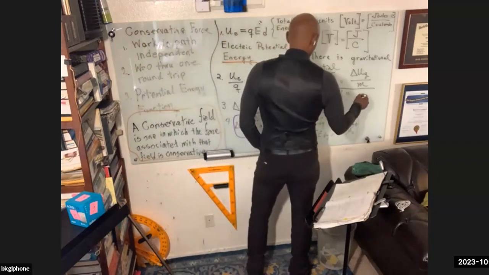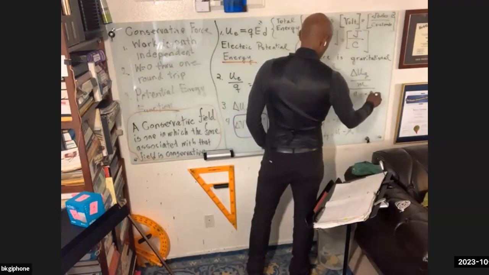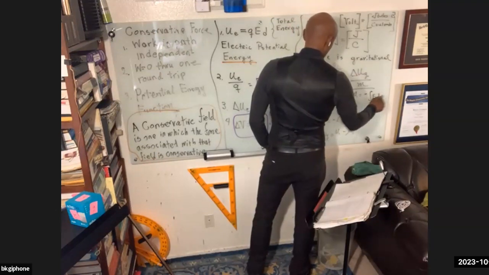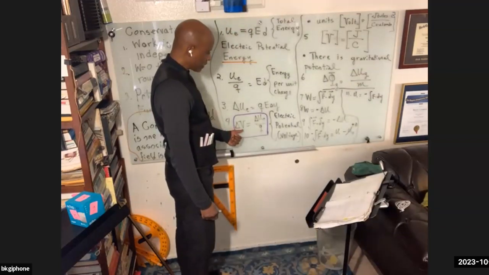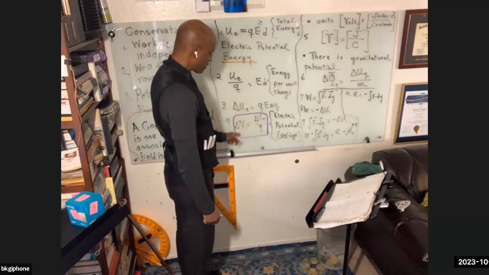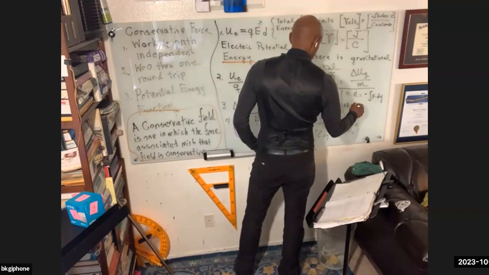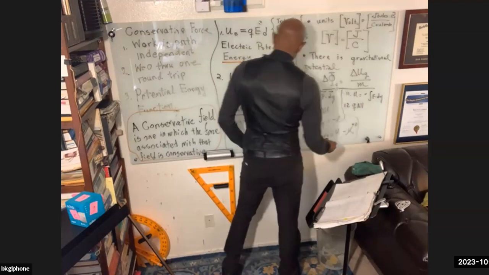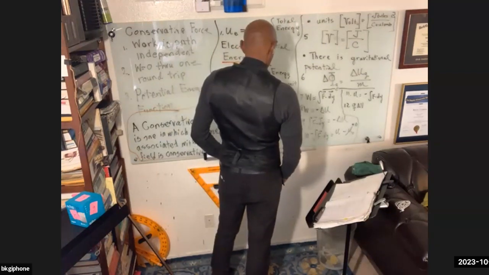U is equal to minus the integral of F dot dy, but U is also equal to the potential delta V divided by Q, so times Q. I can use this definition in here and say that U is equal to Q delta V.